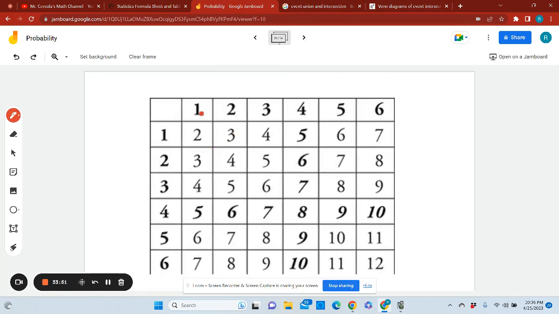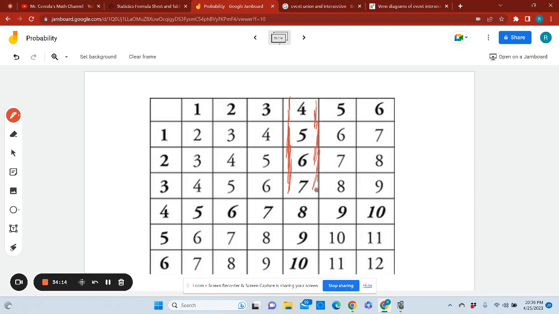are the sums. 1 plus 1 is 2. 2 plus 1 is 3. So these are all the sums if you rolled any of these numbers on the outside. Now they told us, given that we know one of the dice is a 4. So here are all the boxes where one die is a 4. Here's my 4.